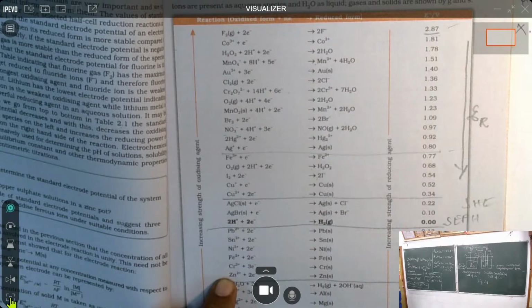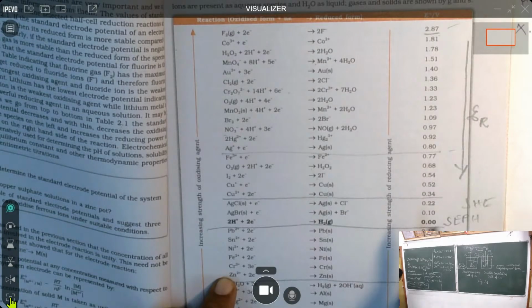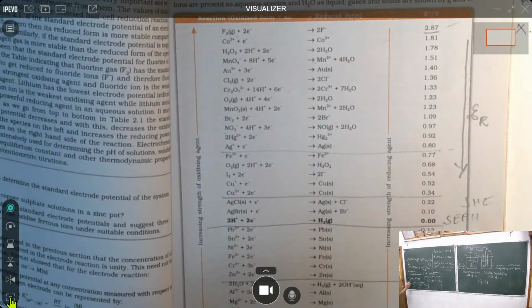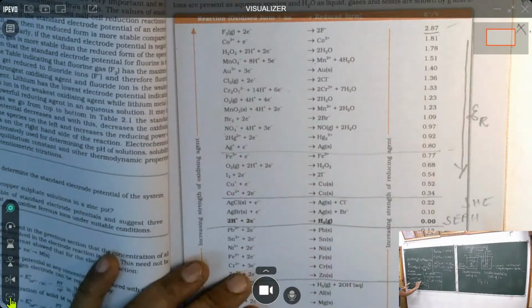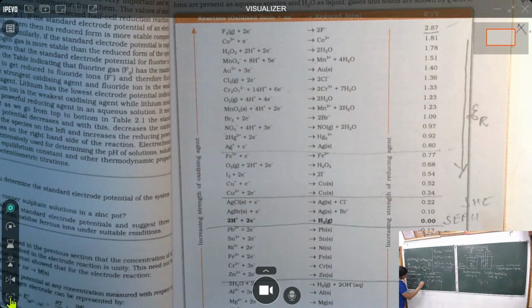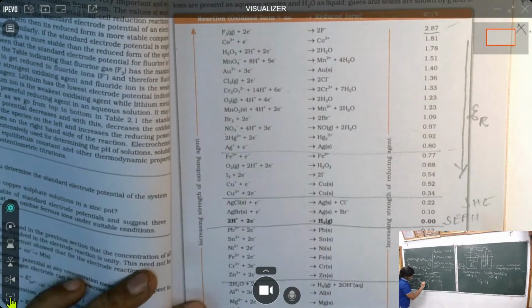You have to write the value as plus 0.76. Write E on the right hand side, E of Zn/Zn2+. That is oxidation potential. I converted this into oxidation potential, equal to 0.76.